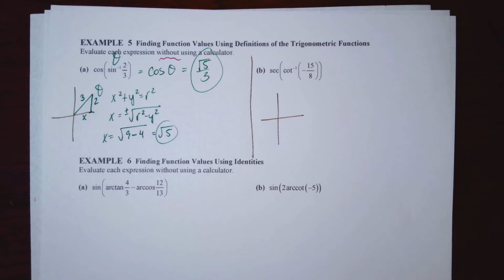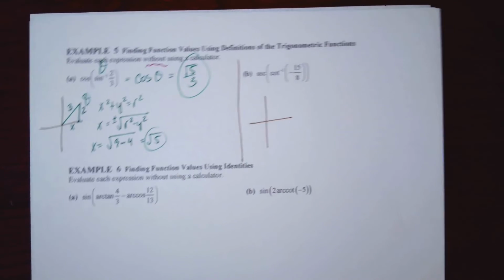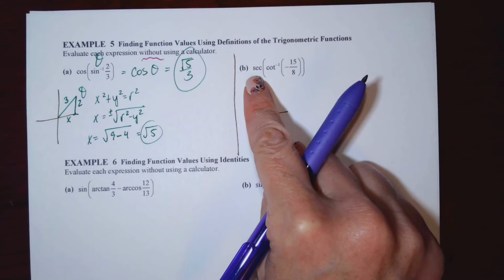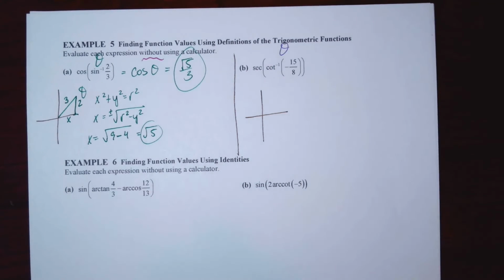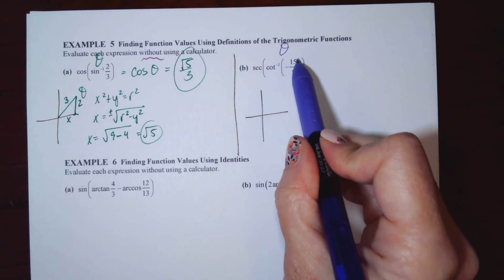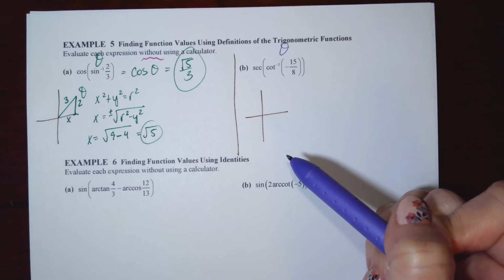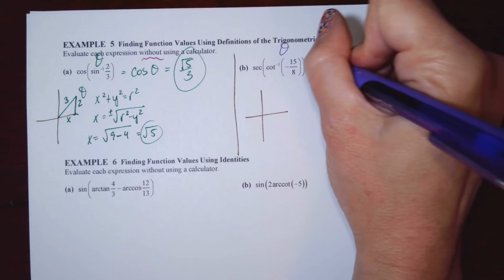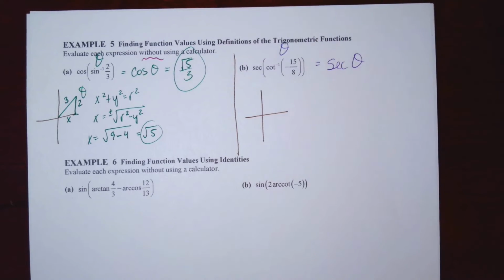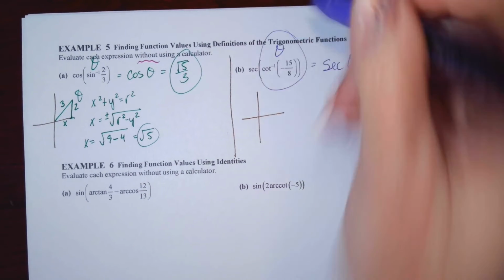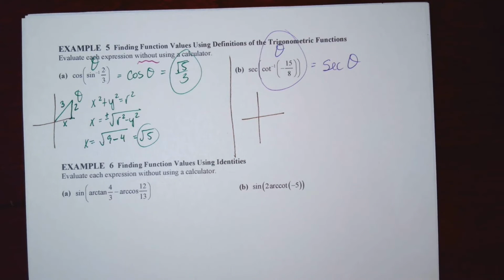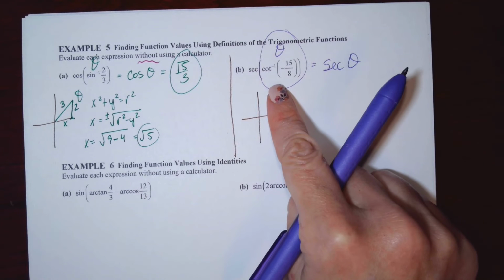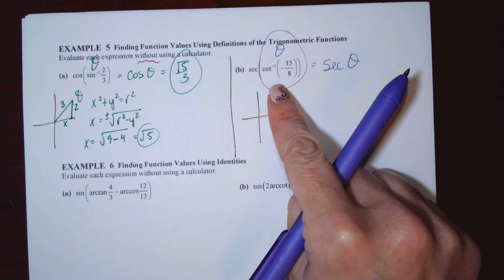All right, let's go again. We want to find the secant of the angle whose cotangent function value is negative 15/8. So we are looking for the secant of that angle theta, and this is my information about my angle theta. Theta has a cotangent value of negative 15/8.